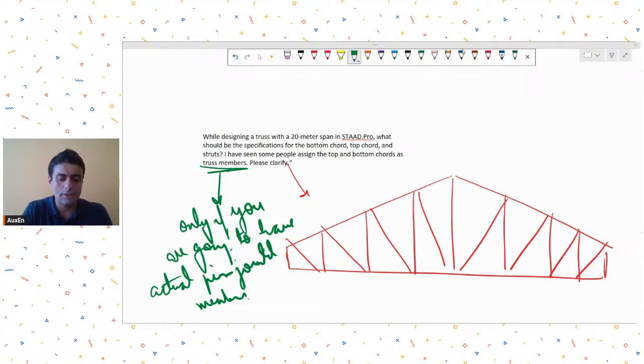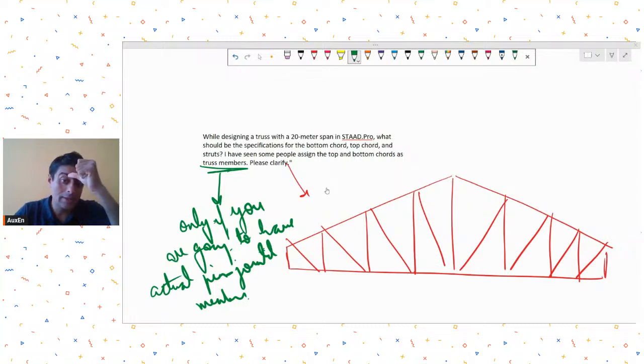Each truss member was connected by a pin to the other member. If that is the connection type that you can create on site, then you can give the specification as truss members.